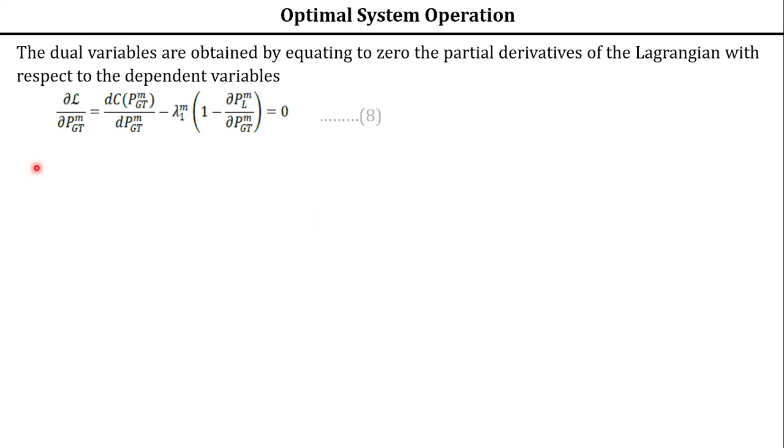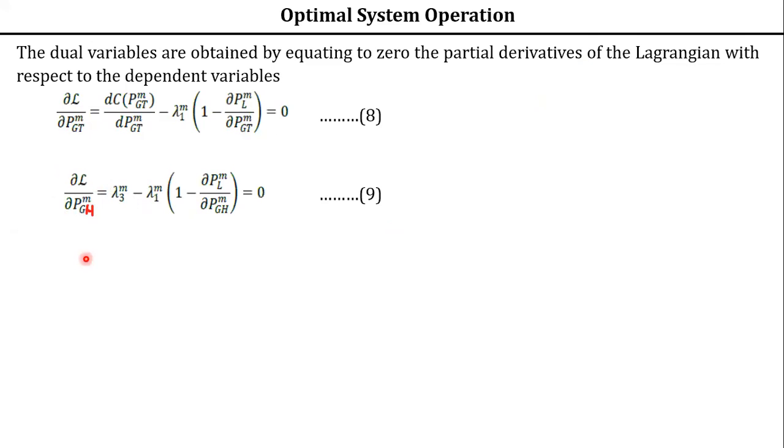I am going to take the partial derivative ∂L2/∂PGH. PGH I am going to consider, or you can consider it with respect to XM, anything. So this ∂L2/∂PGH is missing here. This is your PGH.